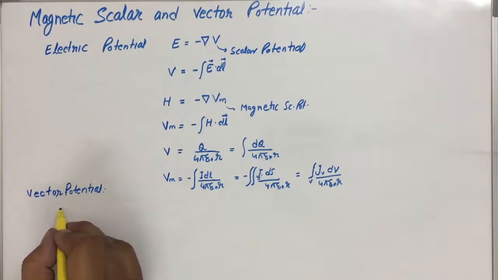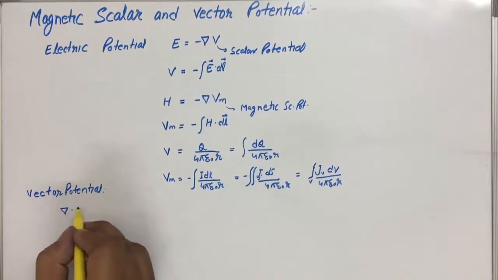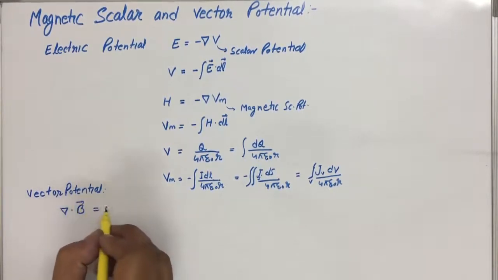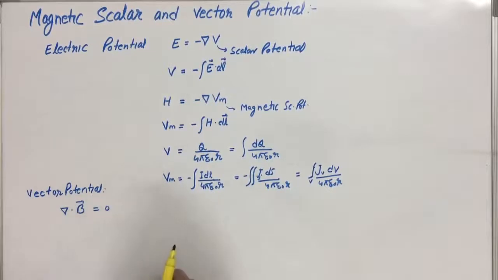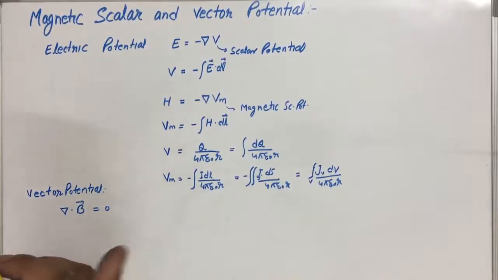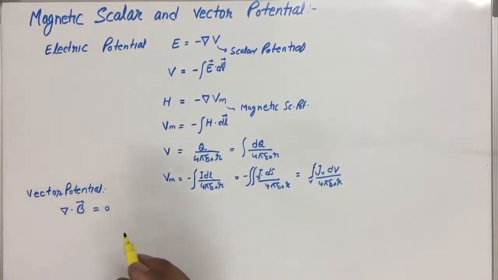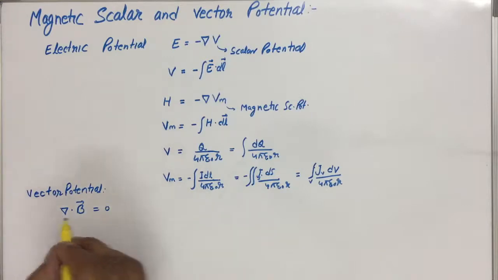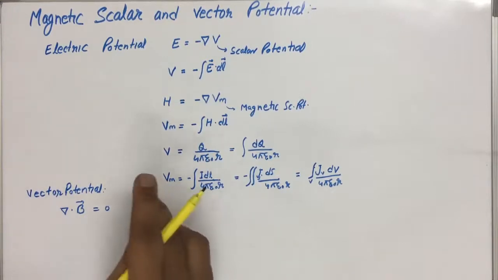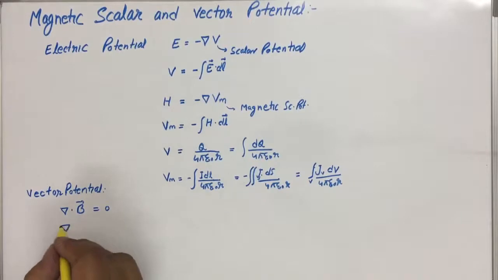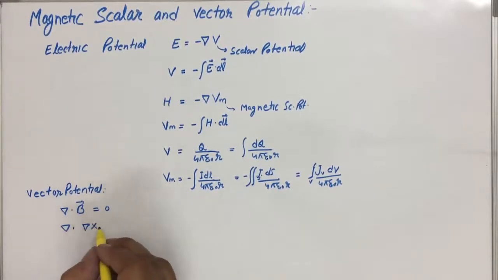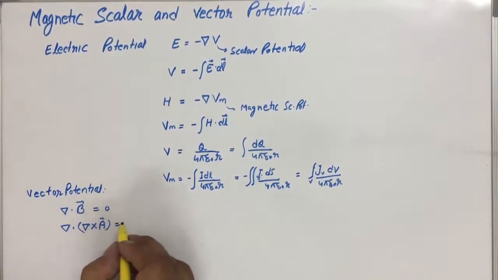We know that del dot B is equal to 0, and in the beginning of this course we studied that the divergence of the curl of any vector is 0.